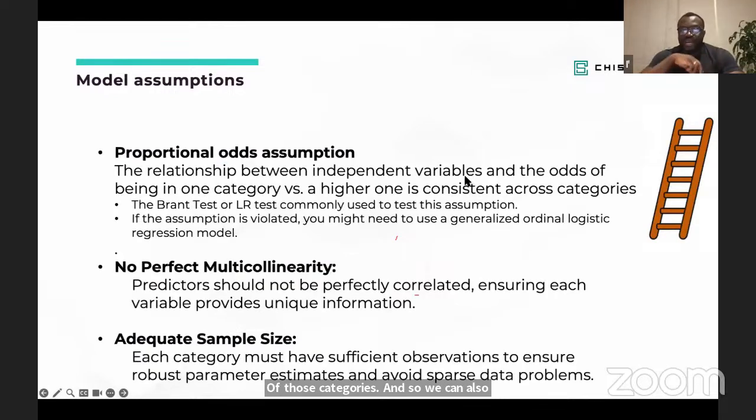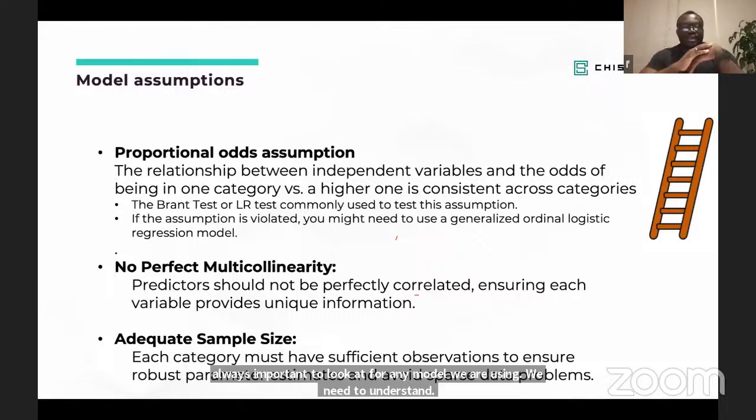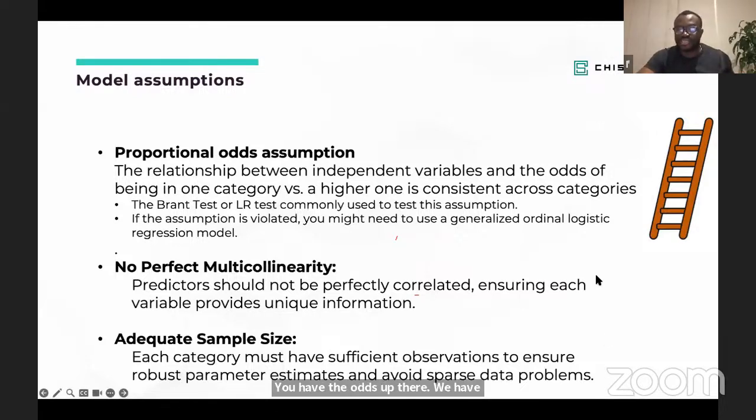It's always important, for any model we are using, to understand the assumptions behind the model. Now, the major assumption behind ordinal logistic regression is proportional odds. Simply put, think of this as a ladder.